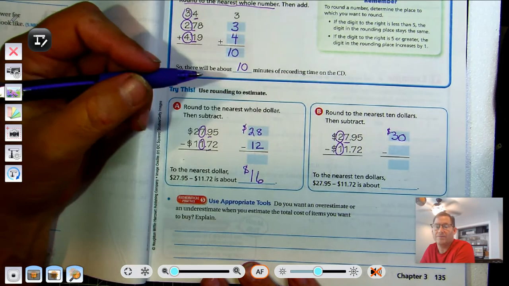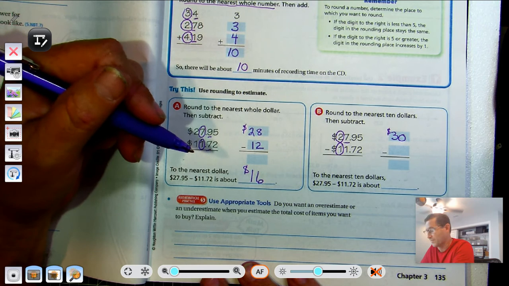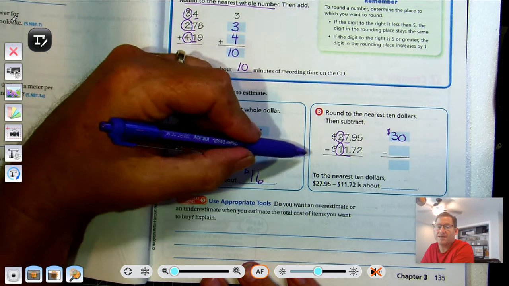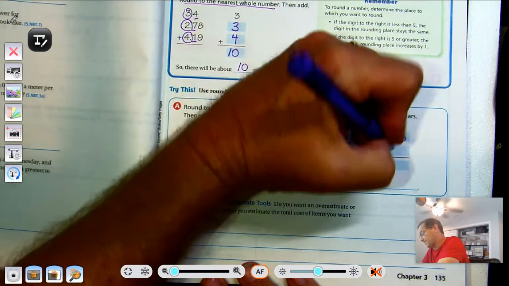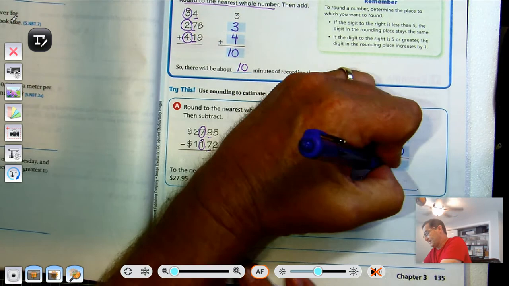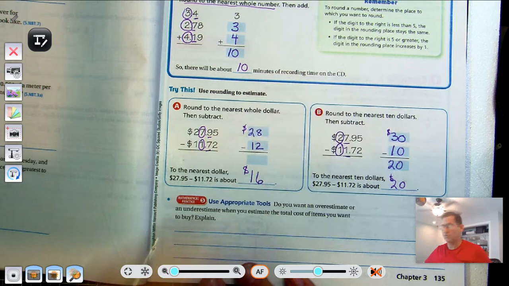And we want to round $11.72 to the nearest $10. Look to the digit to the right, it's less than 5, so keep the digit that we circled the same. So 10. So 30 take away 10 is 20. So to the nearest $10, it's about $20.